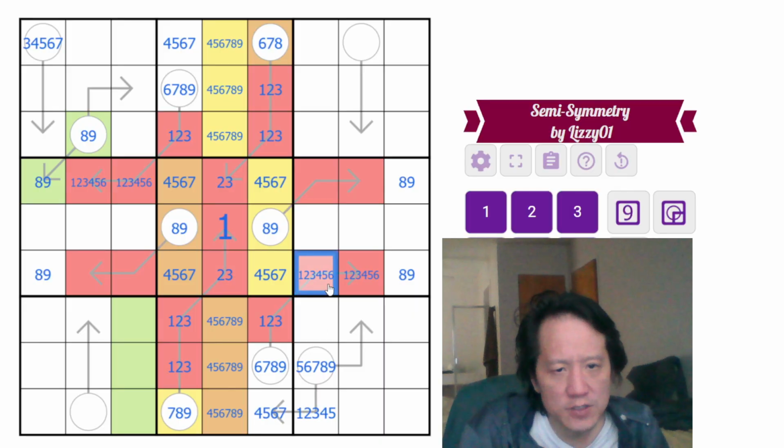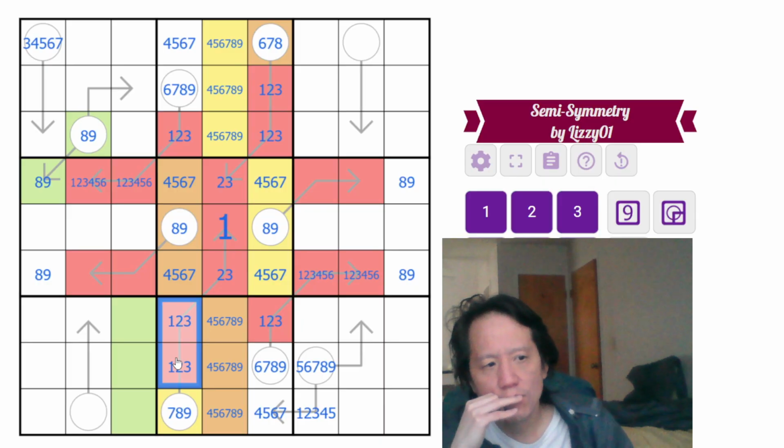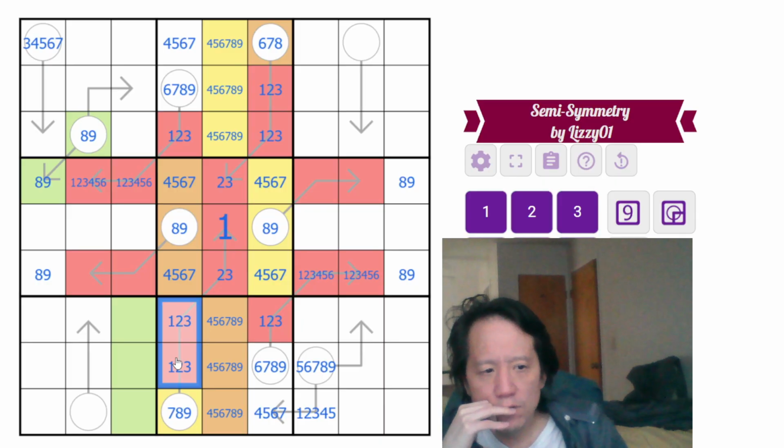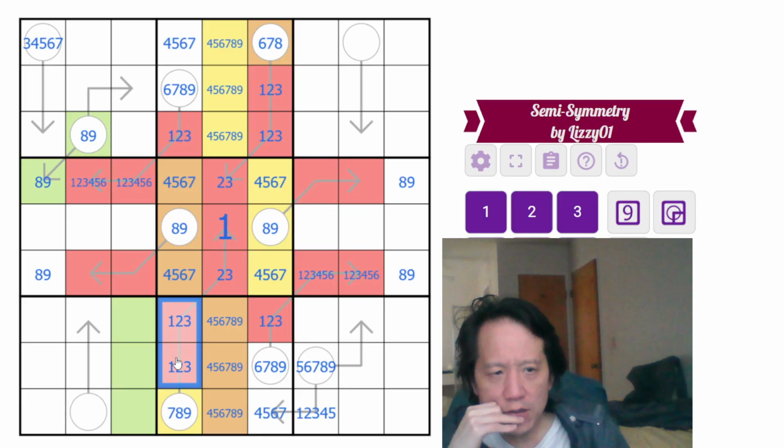You have 17 in these 3 and these 3, plus 6 plus 6. So that's 29. Right, which would be 6 and 9 and 8 and 7 and 9.